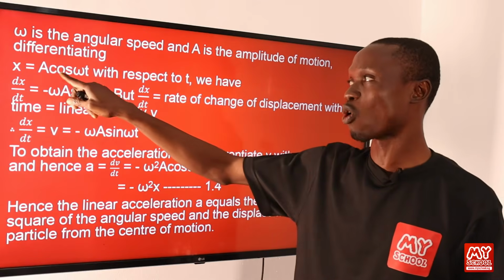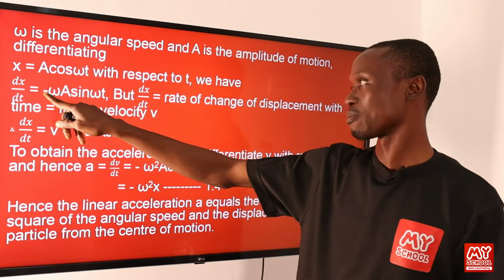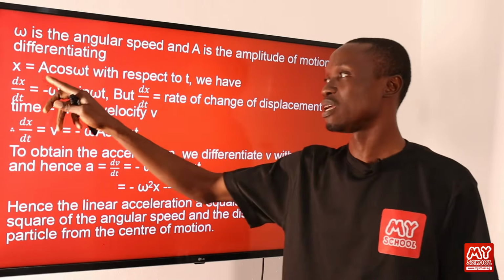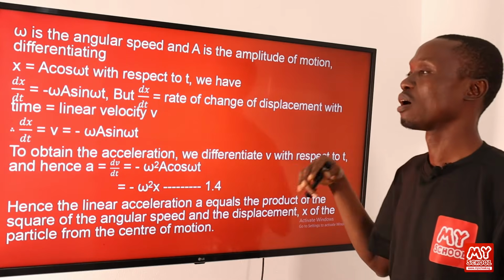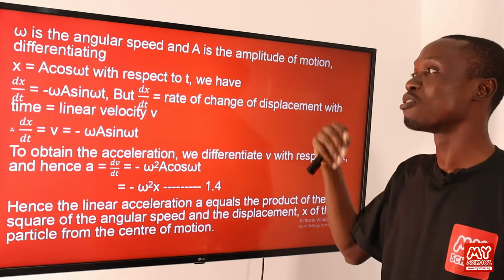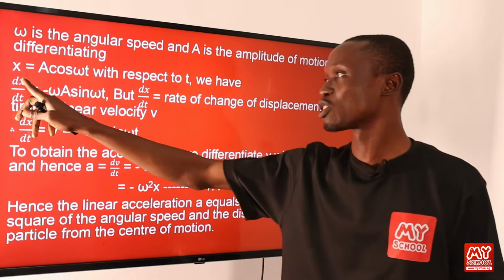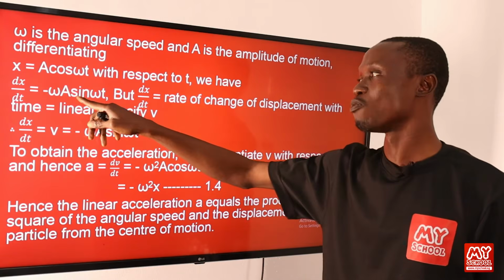Of course, when we differentiate cos, it is going to give us minus sin. So that is why we have minus here. But remember that s, which we just differentiated, is simply displacement, and the differentiation of displacement will give us velocity. So by differentiating the displacement s, we actually have velocity.